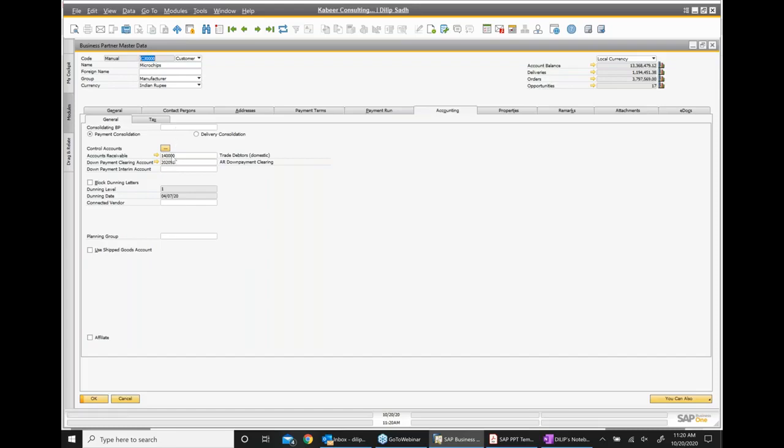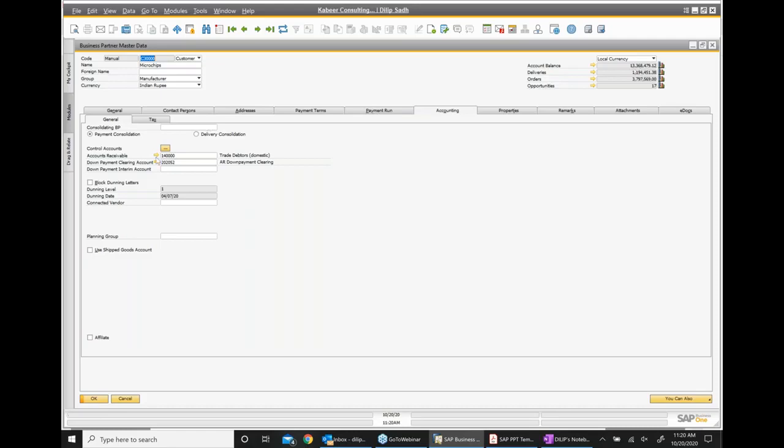This is called control account. This is also called reconciliation account. This is subledger. So that basically means when we say that this customer C000 has the account balance of this 13 million, somewhere this 13 million gets entered.